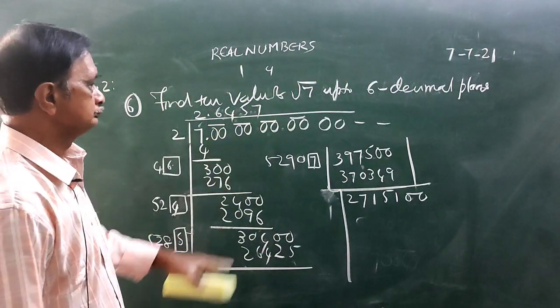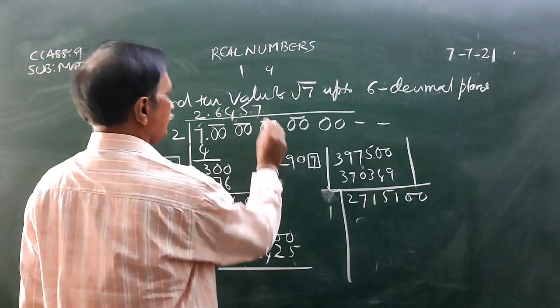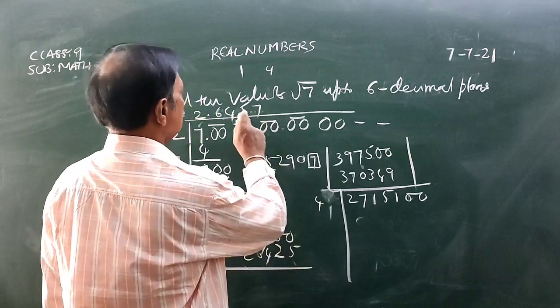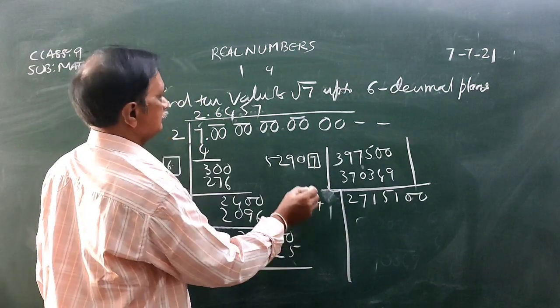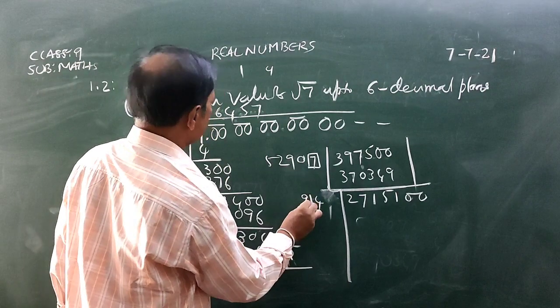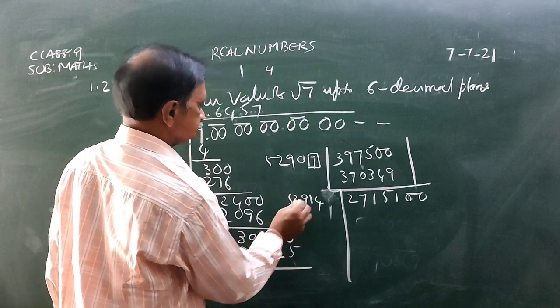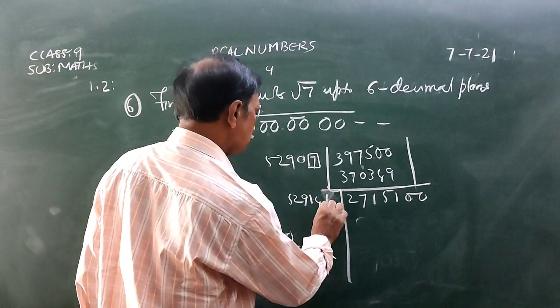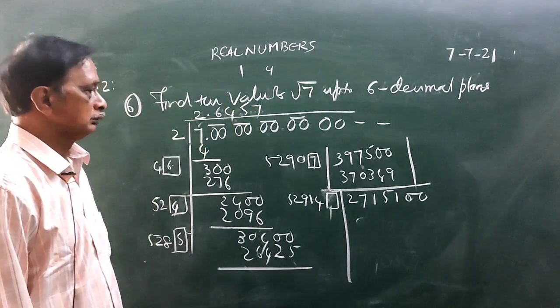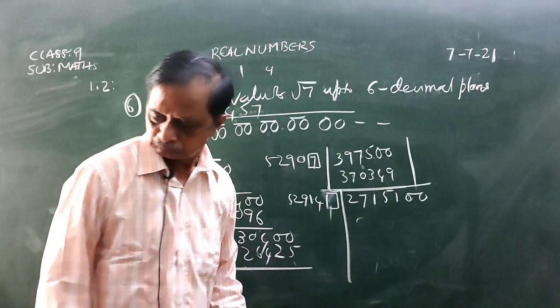Now double this one. 2 sevens 14, 2 fives 10 plus 1 11, 2 fours 8 plus 1 9, 2 sixes 12, 26, 52. Now you take 5.